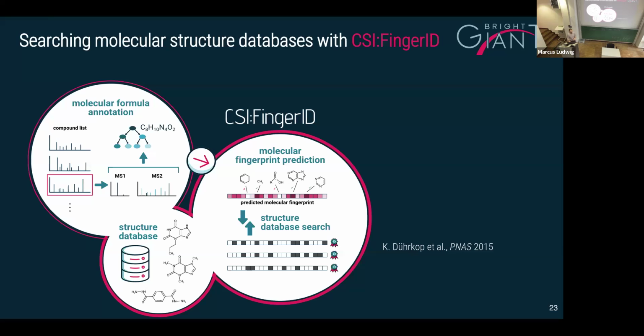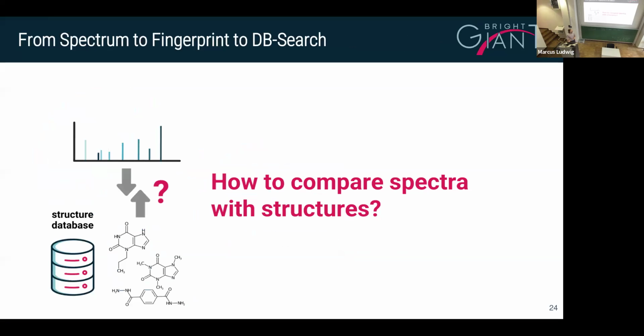So next step, now we have the molecular formula, and we want to find out the molecular structure of the compound. And this we do with CSI:FingerID. There's one fundamental question. If you want to search a spectrum in a structure database, you need to decide how to compare a spectrum to a structure, because one is just a list of numbers and the other is basically a graph.